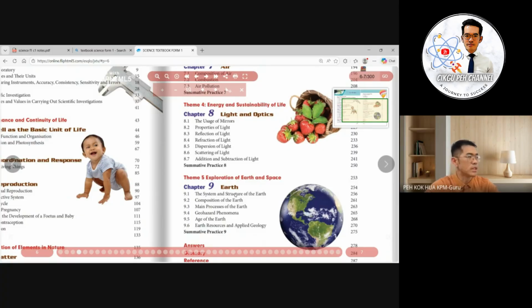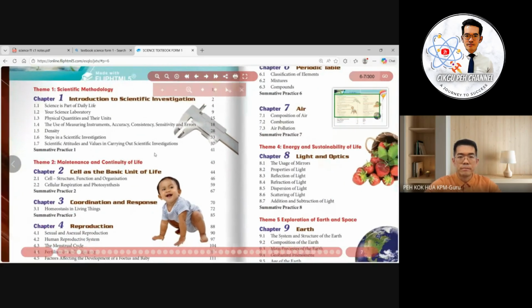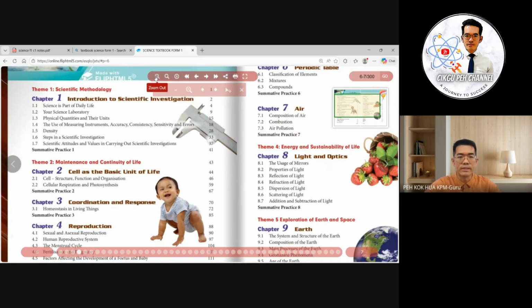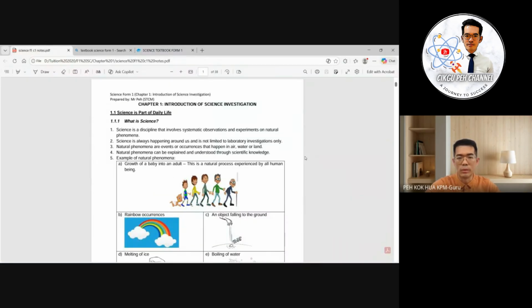The time is actually quite short for Form 1, because you only start in January, while Form 2 and Form 3 students started during the holiday, so that we can go through all the subtopics in more detail. Now we go to our notes.